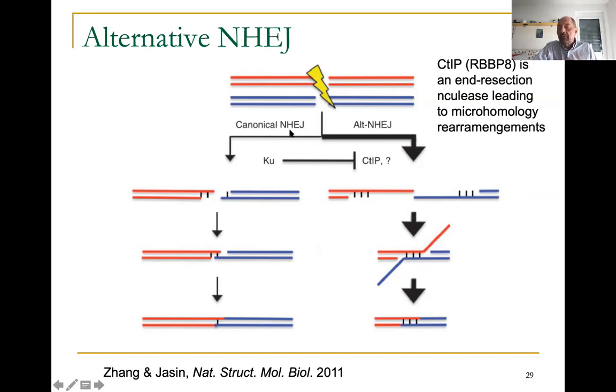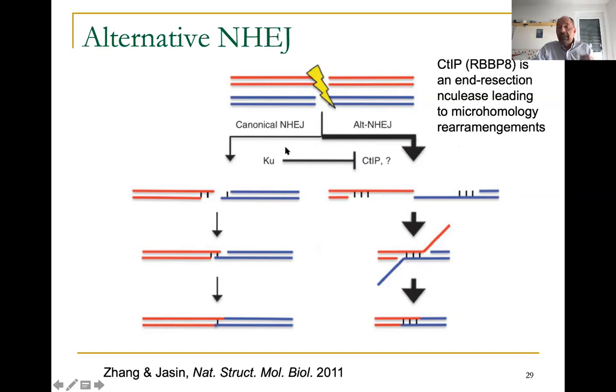You see, as I said, you have a double-strand break. If you go through the so-called canonical non-homologous end-joining, one of the first steps that you need is the Ku protein. The Ku protein actually acts as, probably, not for sure, an inhibitor of CtIP. CtIP, also called RBBP8, is an end resection nuclease. So it's a protein that cuts the strand, that makes sticky ends.